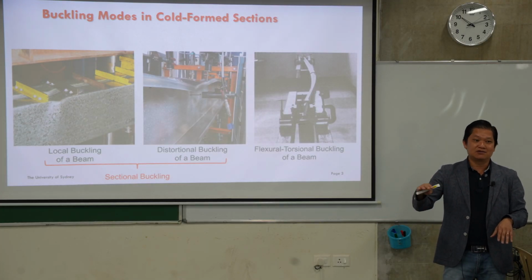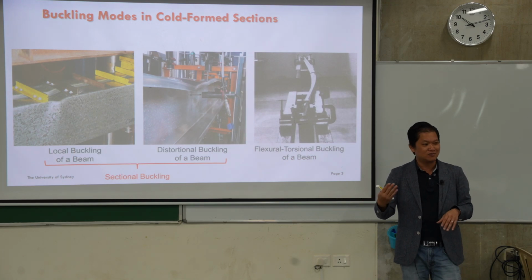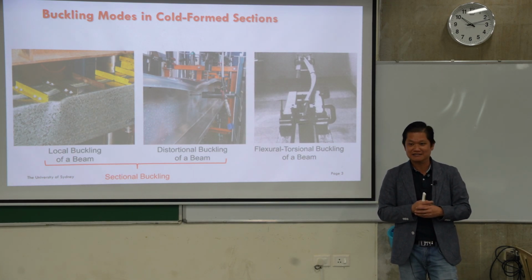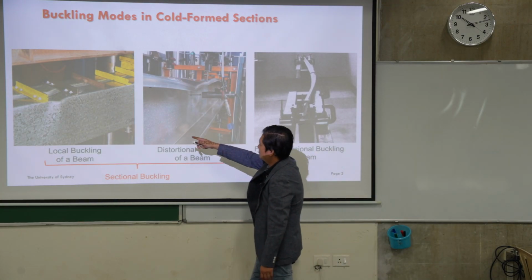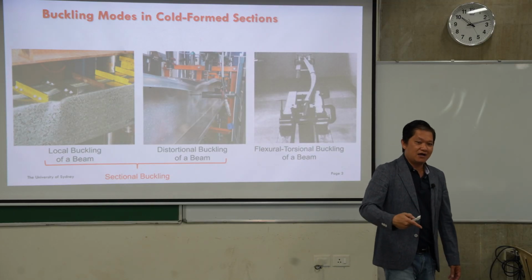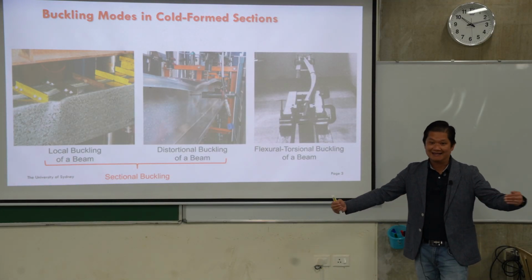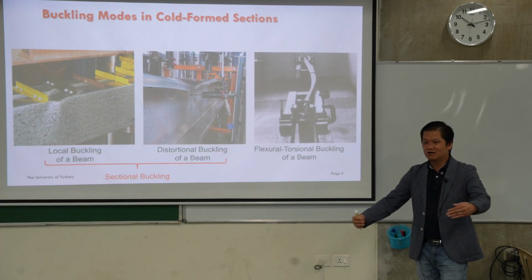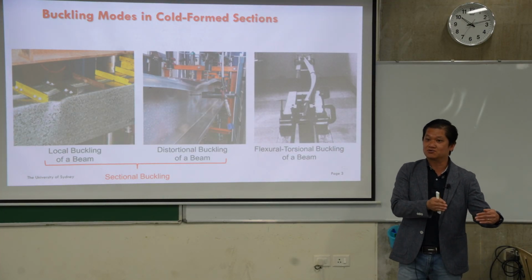In order to do that, as we learned from thin walls, you make the section a little bit more complex, which gives you a bit of strength in terms of buckling. That is how we deal with local buckling or distortional buckling, and that is all about sectional capacity, nothing to do with the length. The longer or the shorter the beam, it doesn't matter because it's already fully laterally restrained.